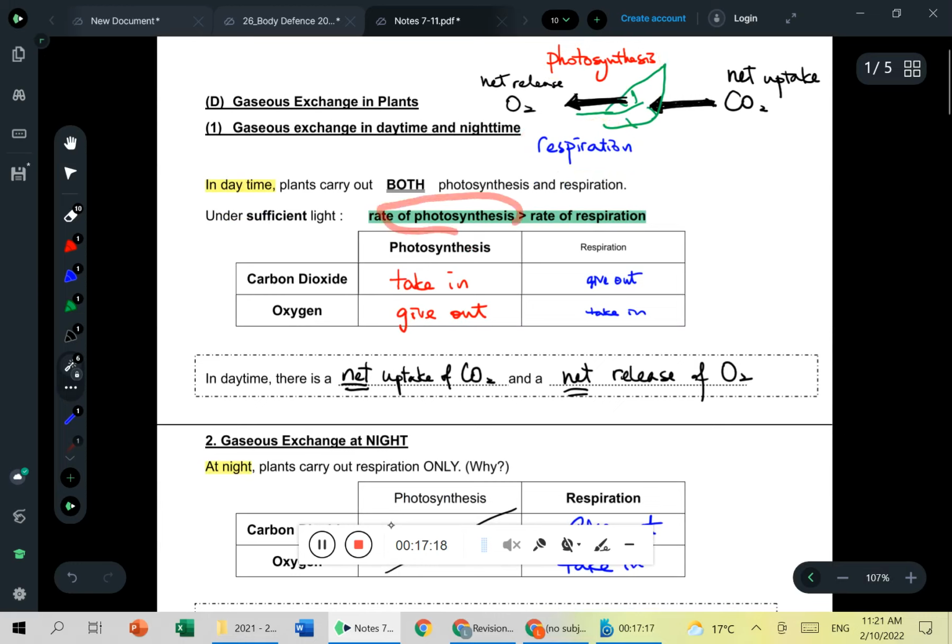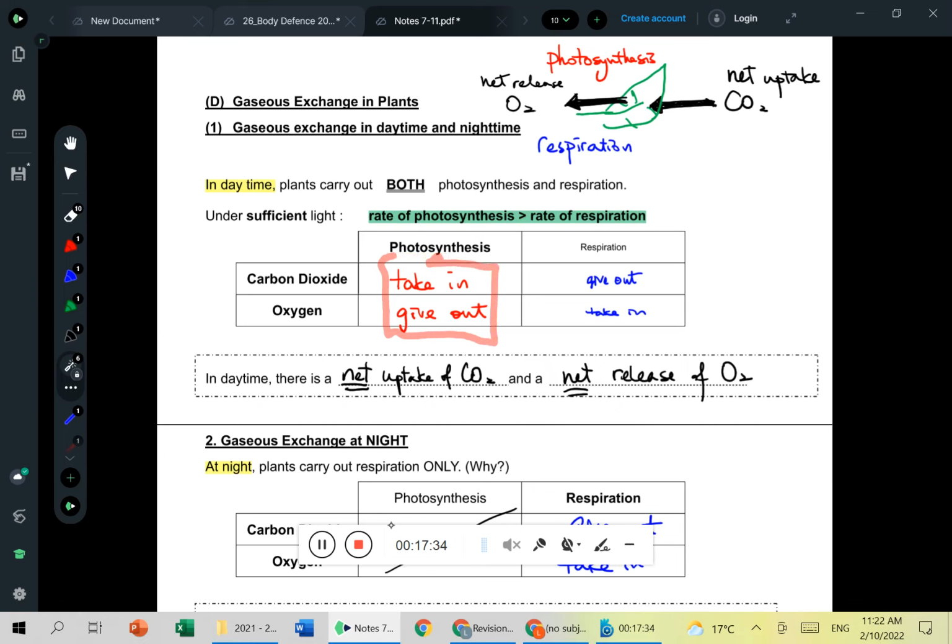When the rate of photosynthesis is faster than the rate of respiration, then the plant would be taking in CO2 and giving out oxygen as a net result. And this is opposite to what animals do.